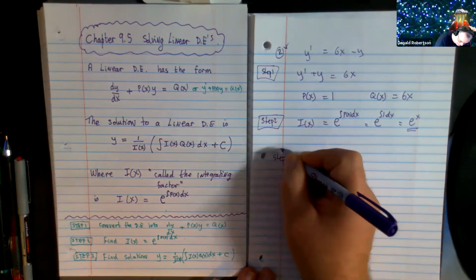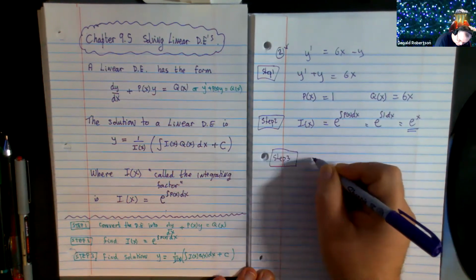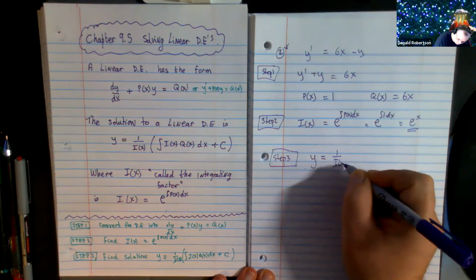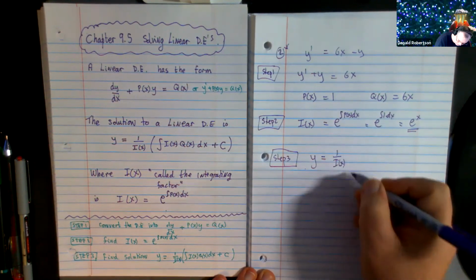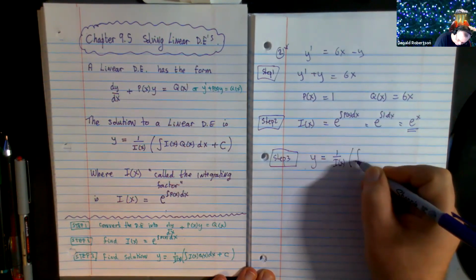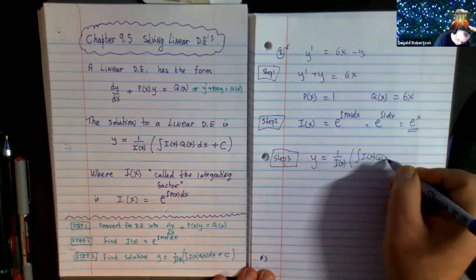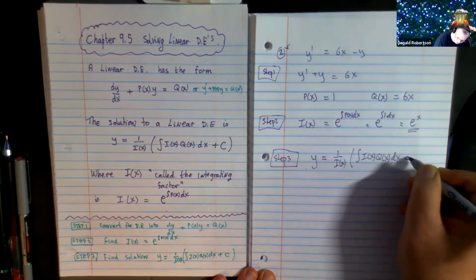Step 3 then. Y equals 1 over I of x, the integral of I of x, q of x, dx plus c.